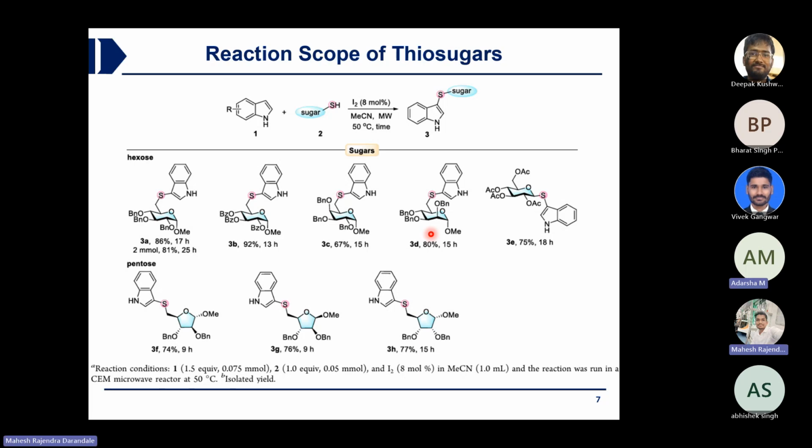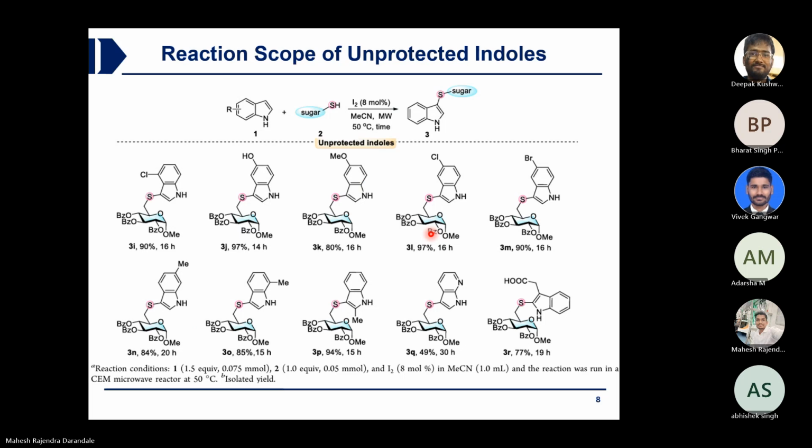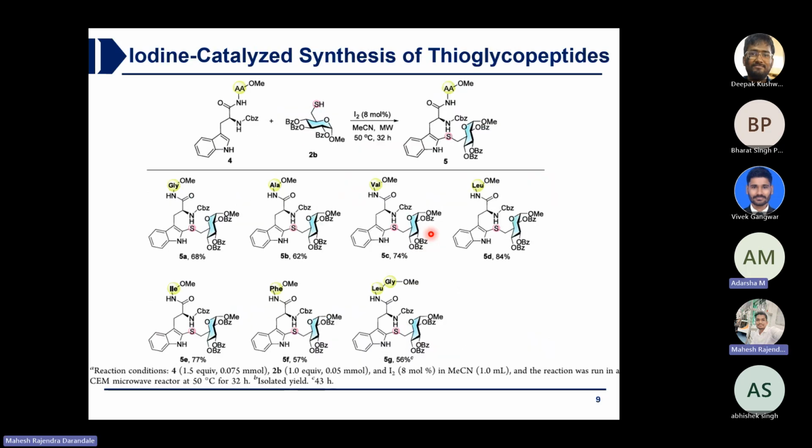Okay, go to the different amino acid substrate scope table. This one, right? Okay, N-Cbz. They have tried different peptides.